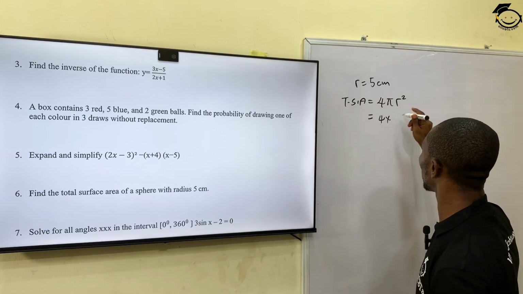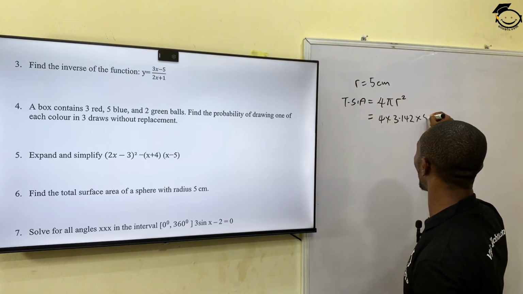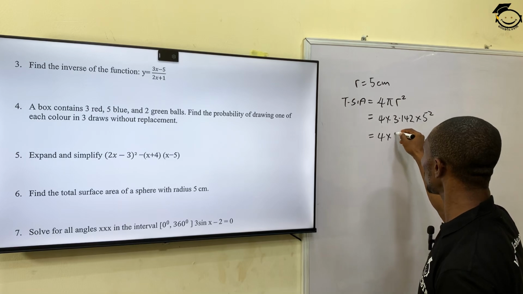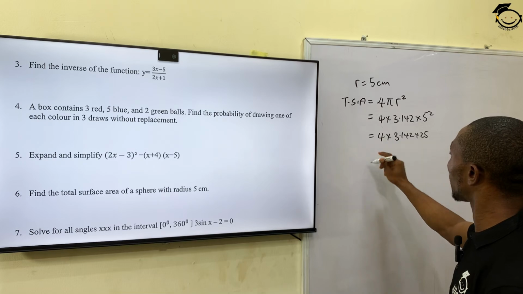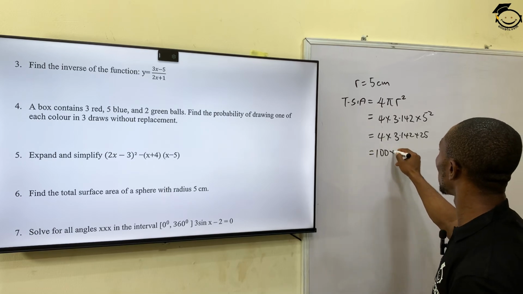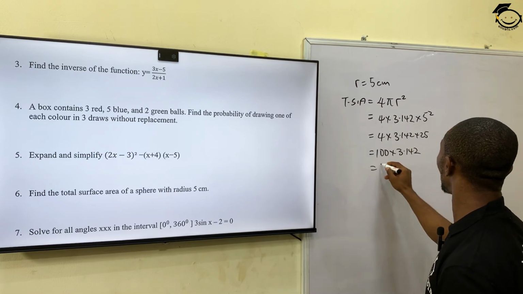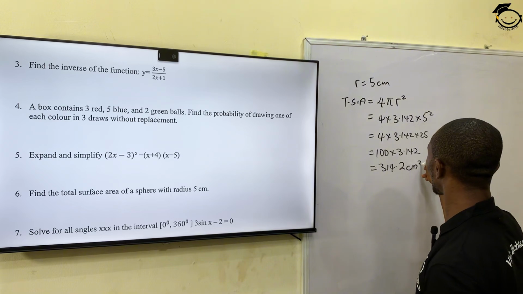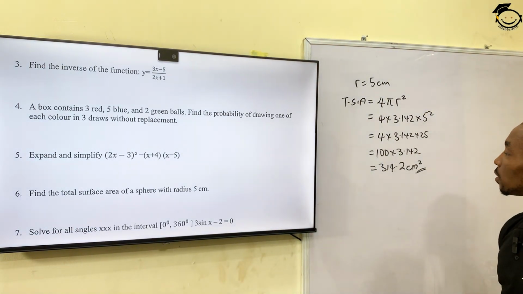Let's use 3.142 for pi times r squared, which is 5 squared. So this becomes 4 times 3.142 times 25. 4 times 25 gives us 100, times 3.142, which gives us 314.2 centimeters squared. So this will be our total surface area for the sphere.